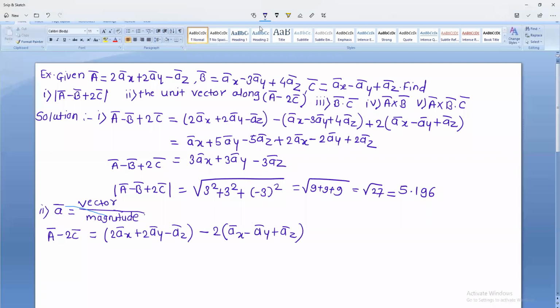So by solving this, 2a bar x minus 2a bar x is 0. Then 2a bar y plus 2a bar y, that is plus 4a bar y, and minus a bar z minus a bar z, that is minus 2a bar z.